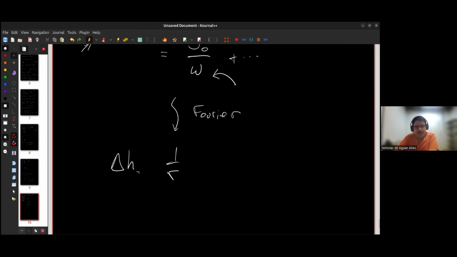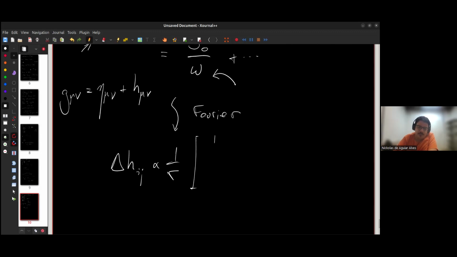So this is delta h_ij. This h is the perturbation in the metric. So the full metric is going to be the Minkowski metric plus this perturbation. And we're going to have something that's proportional to this thing here.